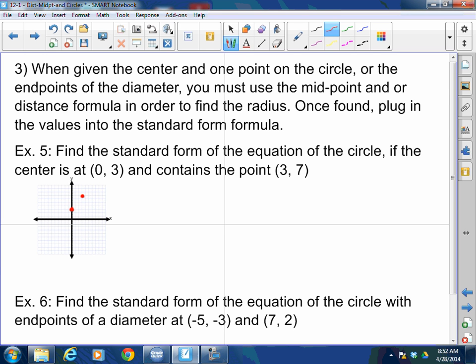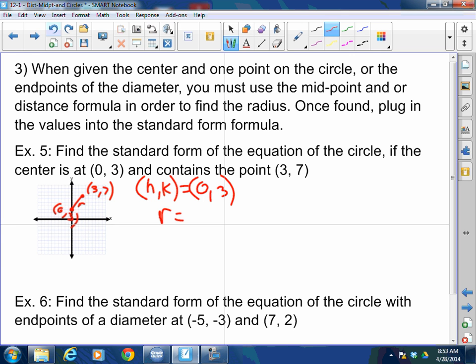So I know that the circle's going like that, somewhere like that. Correct? I know that that's my radius. I have this here as my 3, 7, and I have this here as my h, k. So I know my h, k is 0, 3. All I need is my radius.